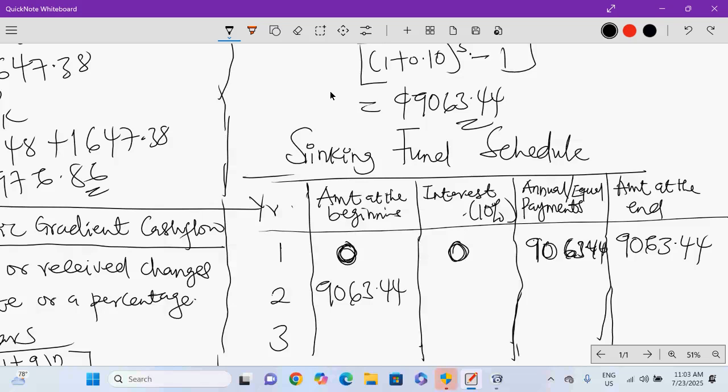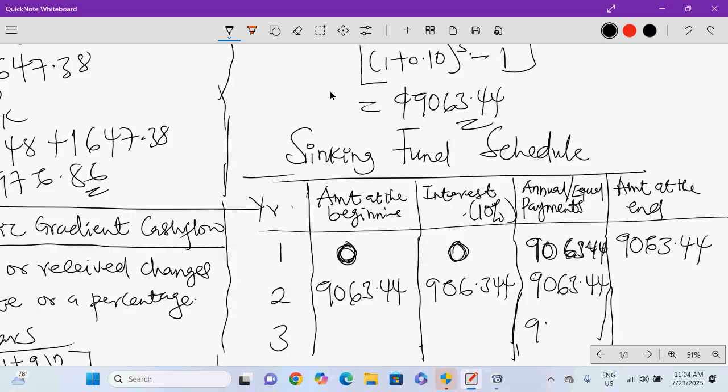So 9063.44 times 10% is 906.344, right? So if you add this amount to that, then you are making your equal payments. The equal payments, you are making it every year the same amount. So this equal amount, just write it throughout, because that's the equal amount you'll be paying throughout.